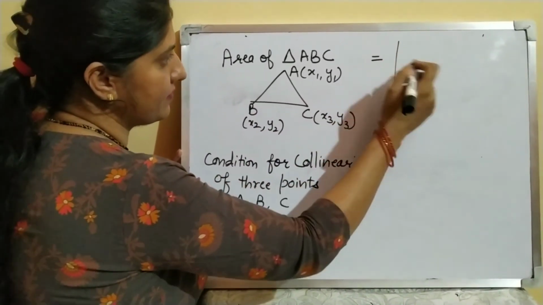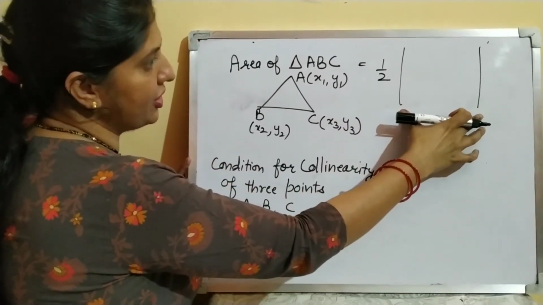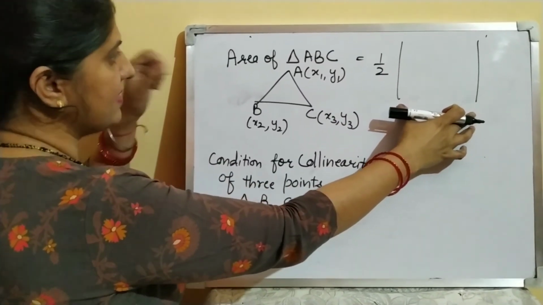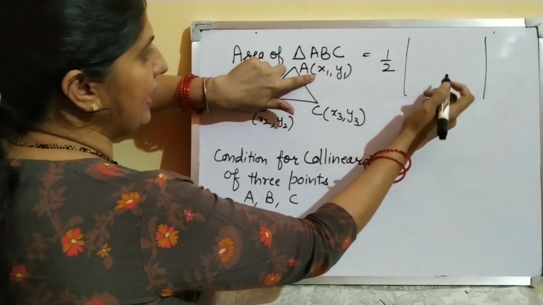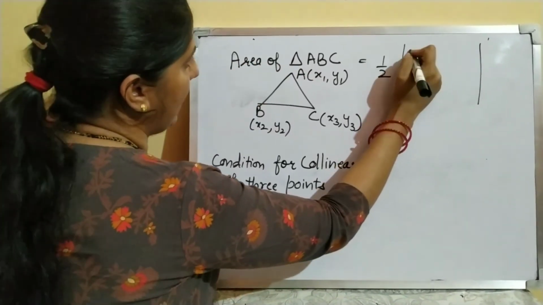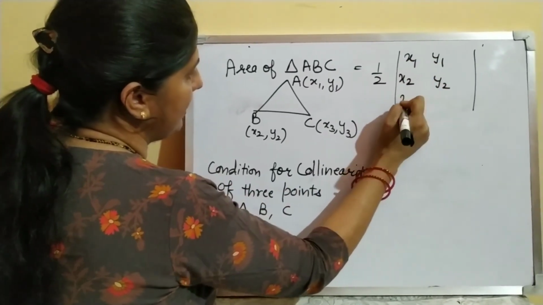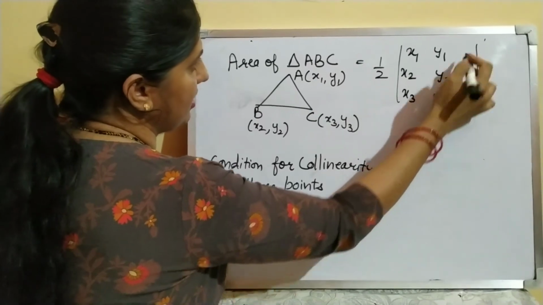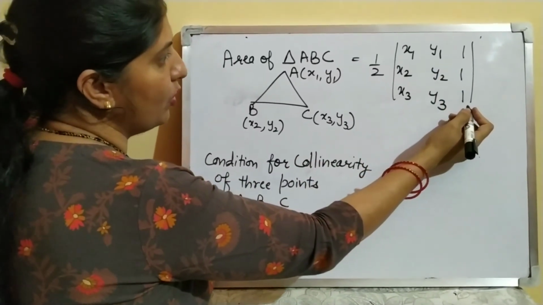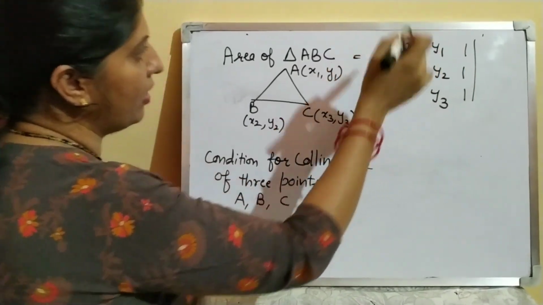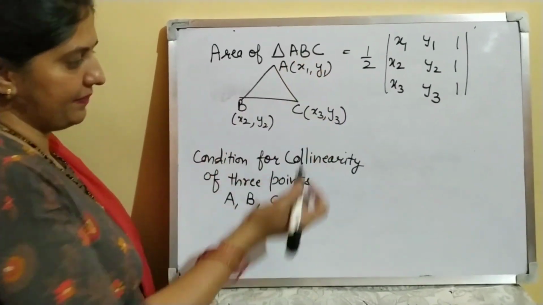It is 1 by 2 into the determinant with entries using the coordinates of the points A, B and C. We have x1, y1, x2, y2, x3, y3, and all entries in the third column are equal to 1. This is the formula for finding the area of triangle ABC.